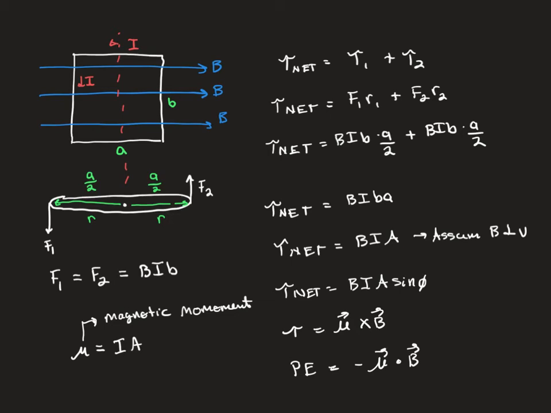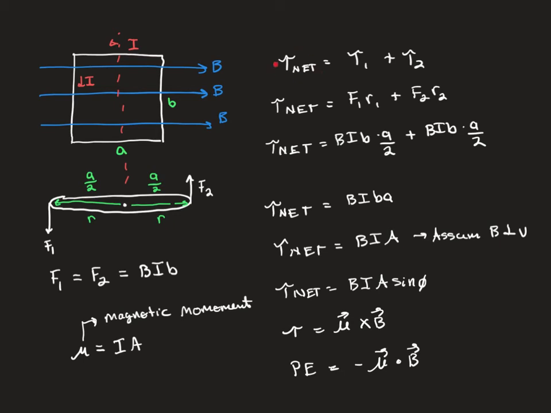And remember, magnetic force for a current carrying conductor is magnetic field strength times the current times the length of wire. The length of wire experiencing the magnetic force is side B. So we're doing B I B, and since all those values are the same, the two forces are equal to each other.